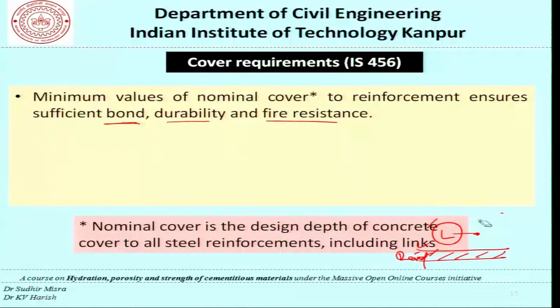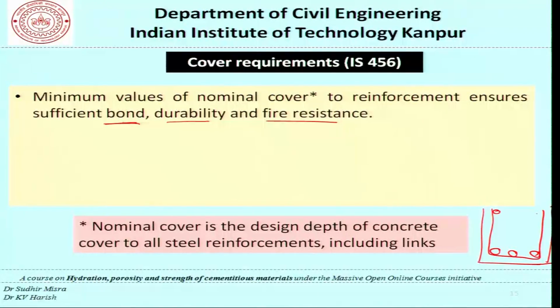Now, when we are talking about the cover, we should also remember that if, for example, we have a reinforced concrete beam like this, there is reinforcement here and then there is stirrups. Now, if we draw this picture a little more in detail, we will realize that there is a main reinforcement and there is a stirrup, and this is the surface of the concrete.